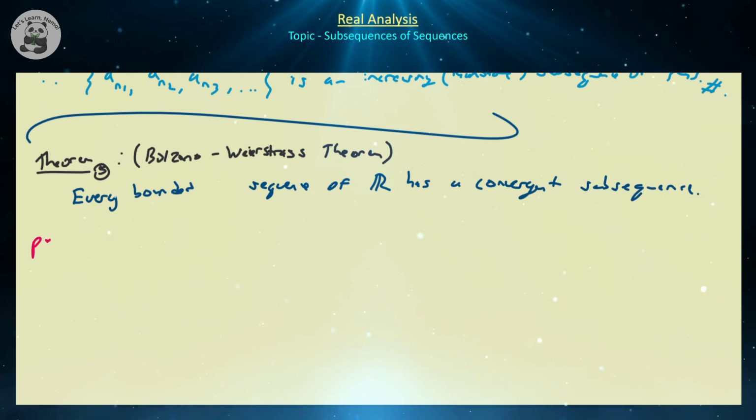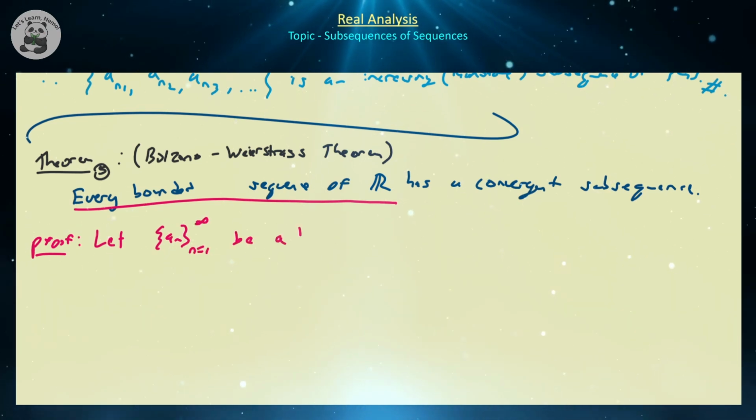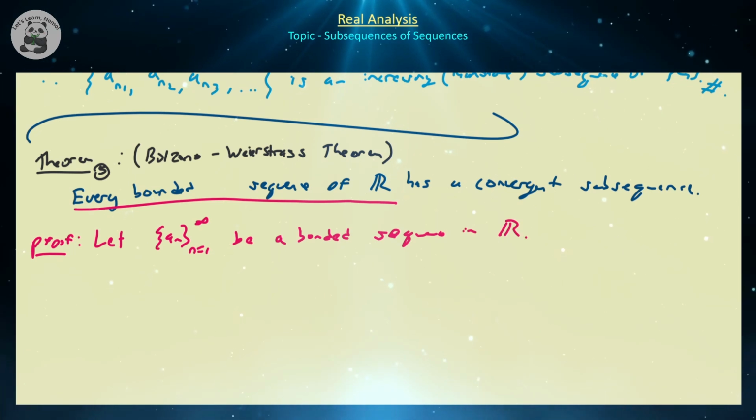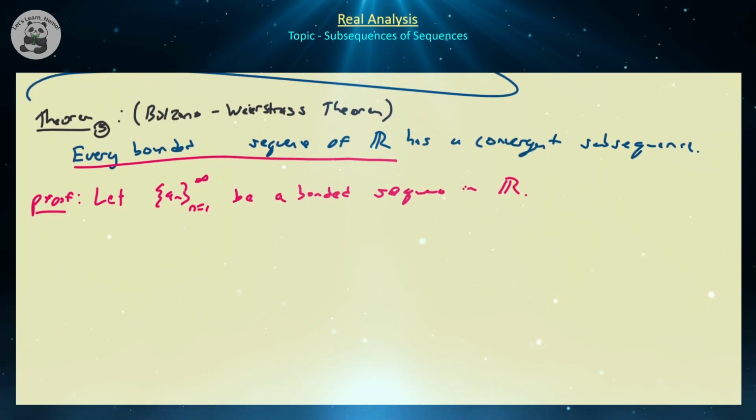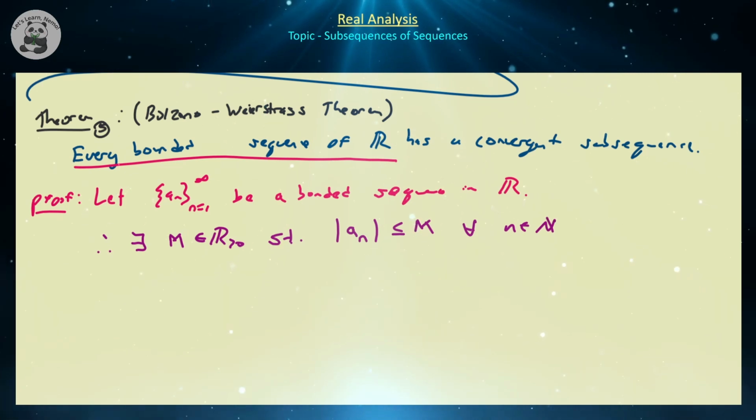So how would we prove the Bolzano-Weierstrass theorem? Again, every bounded sequence of R, so that's our assumption. We're going to let (a_n) from n equal to 1 to infinity be a bounded sequence in R. If it's a bounded sequence in R, that means there exists an m in the set of positive real numbers such that the absolute value of a_n is less than or equal to m for all n in the set of naturals.